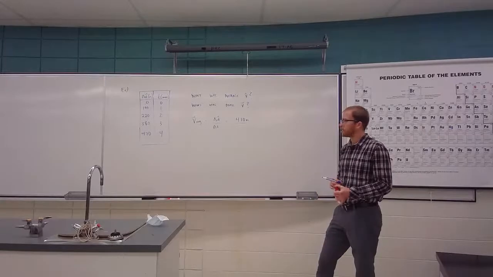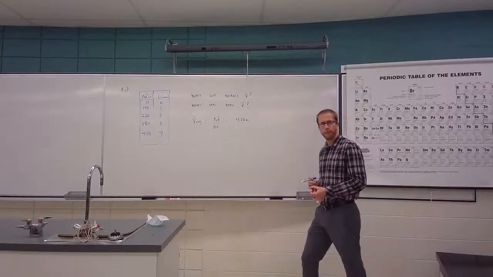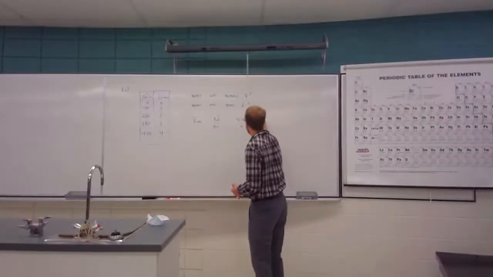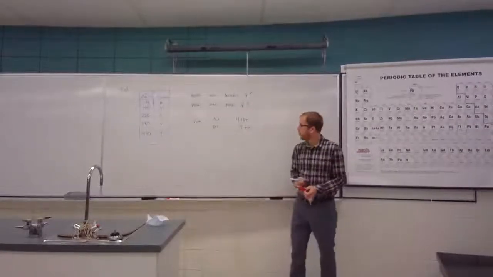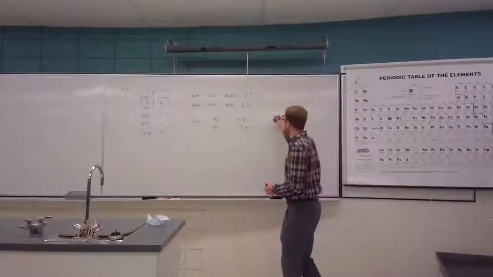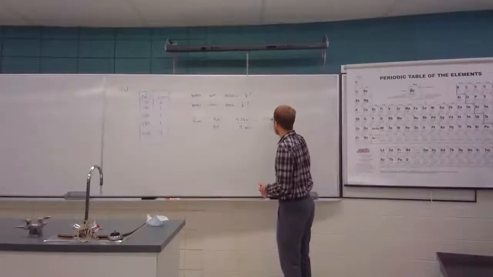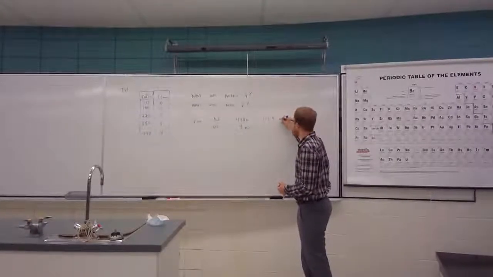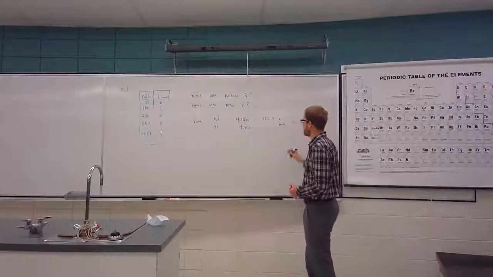What was my total change in time? 4 minutes. Which means that my average velocity was 117.5. What are my units? Meters per minute.